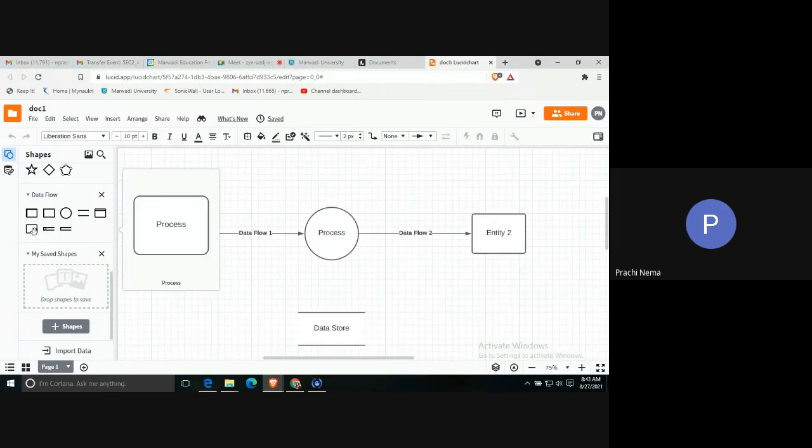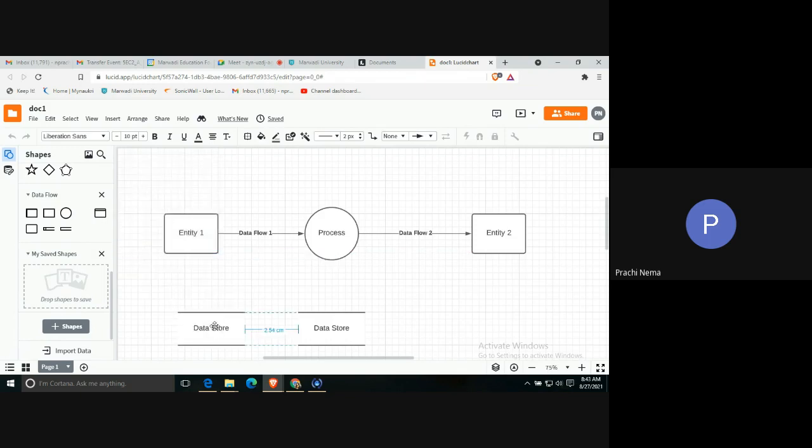Depending upon what standard you are following, like we have seen that for process we would be using this, you can use this as well. But you need to be clear so that you are not confused. So like that, you can just pick that and draw it.